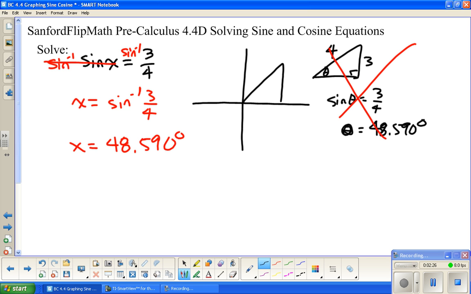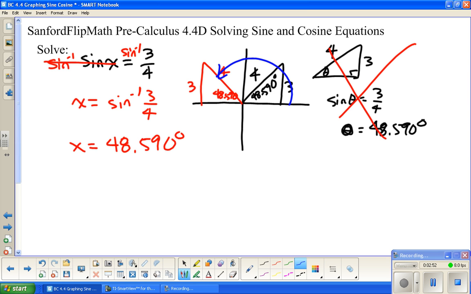Okay, so that's fine, but what happens if instead what we're looking at is something like this? Here's my 48.59 degrees. Well, what's to say that that's where it was? I mean, maybe it was over here. And if it's over here, then really the angle isn't 48.59.